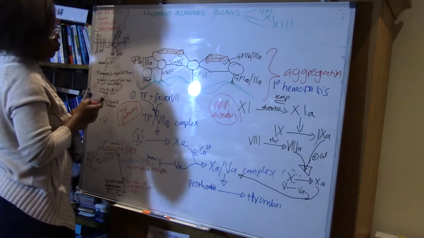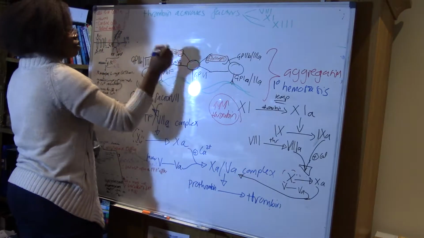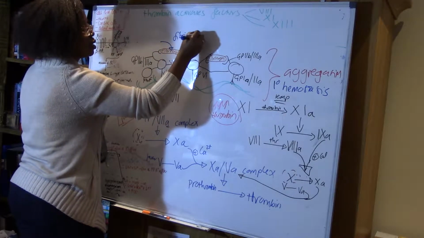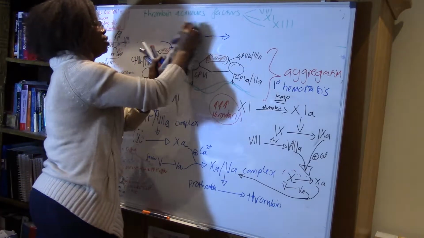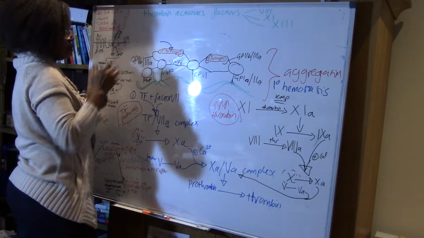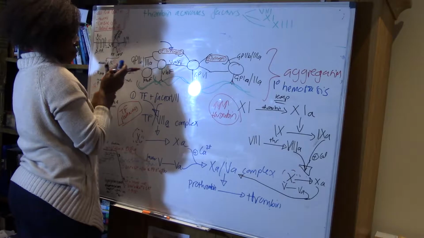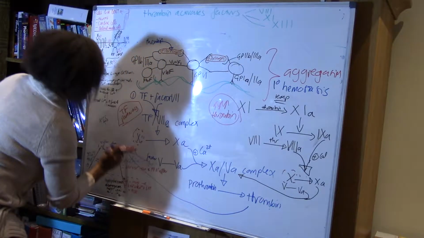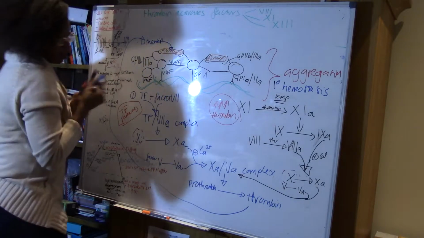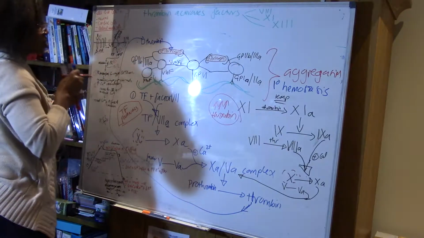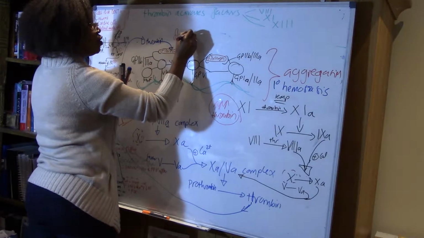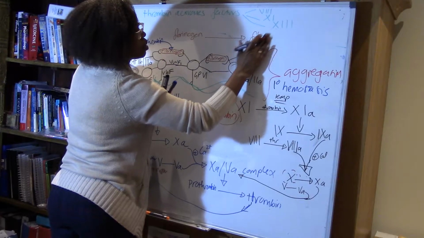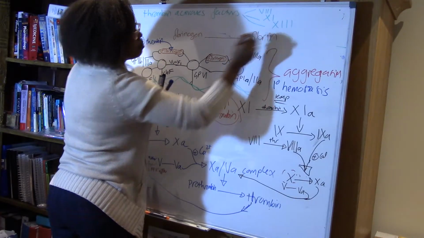I'm going to write it in blue. It comes in, so this is our thrombin, and what it does is convert fibrinogen into fibrin.